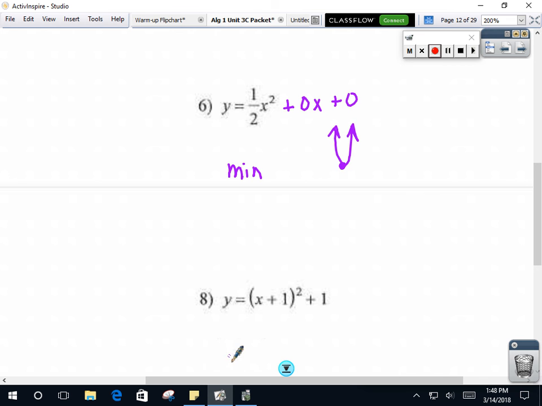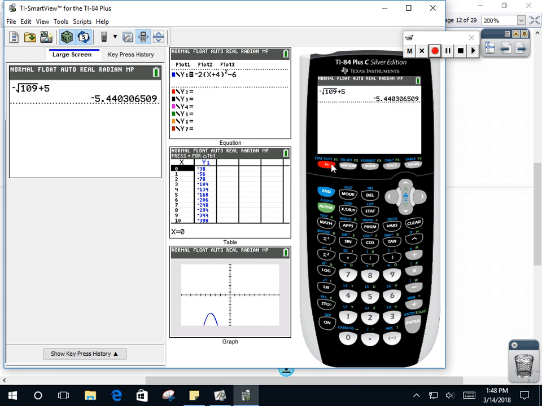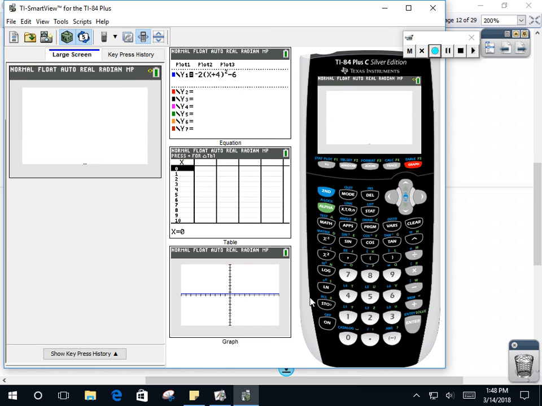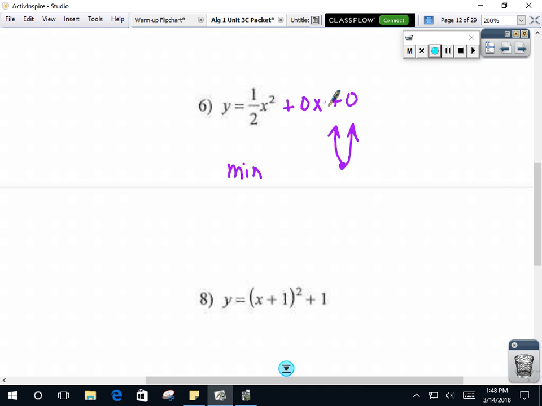You can graph it. But no, you're right. Go to y equals and graph 1/2 x squared. I'm just going to type in 0.5 instead of 1/2. And when you graph it, you'll see that the vertex of the parabola is at the origin, 0, 0. That's because nothing has happened to it. It hasn't been shifted up or down.